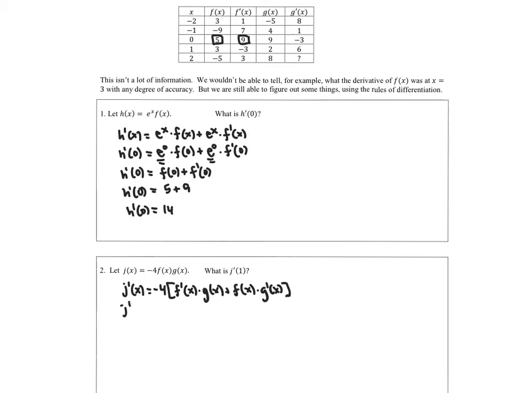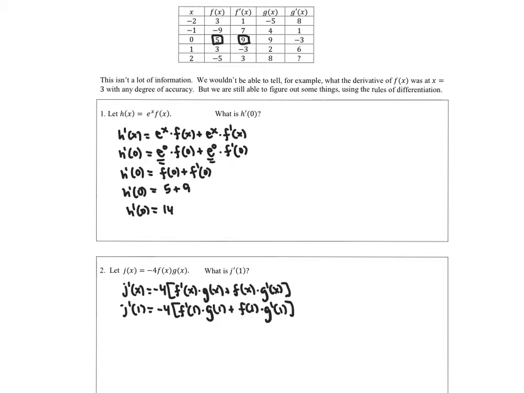So j prime at positive 1 will equal negative 4 times f prime at 1 times g at 1 plus f at 1 times g prime at 1.